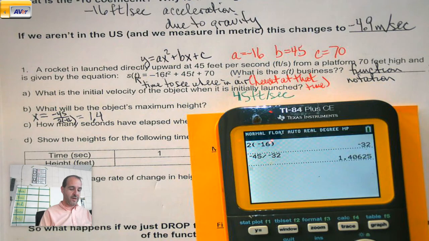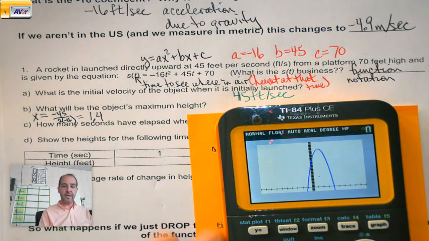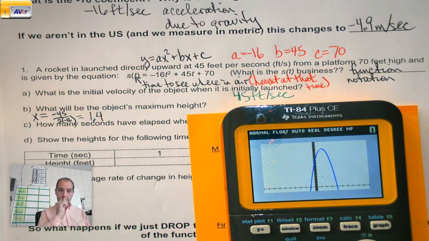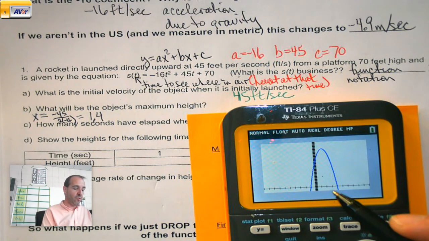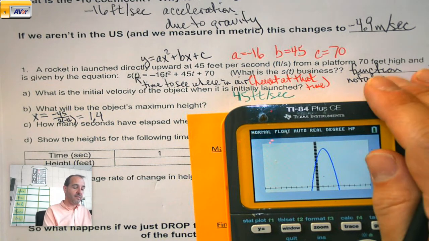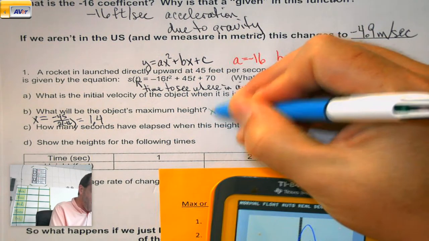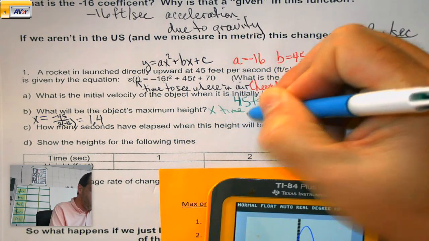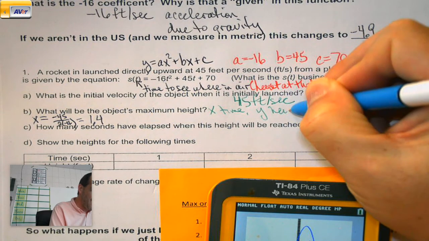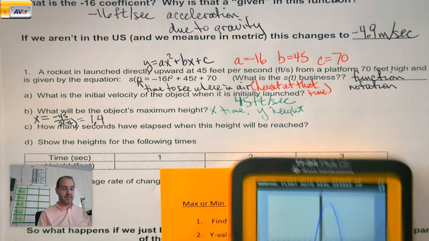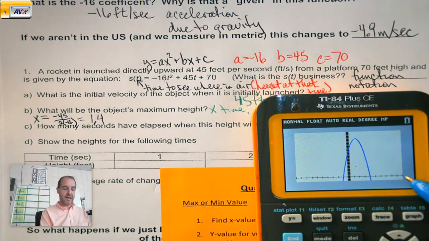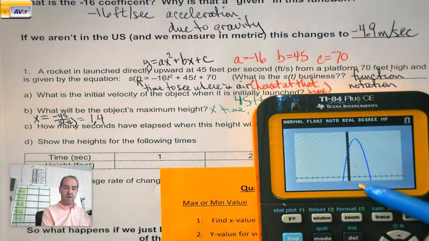we also have to understand when we're looking at our graphs on this, okay, the x value is going to be our time, okay? So x is time, y is height, which makes sense. How long does it take for it to be at a certain point?